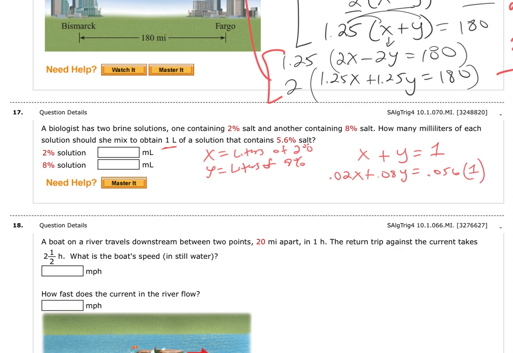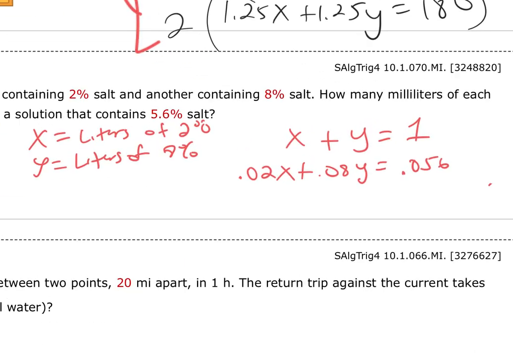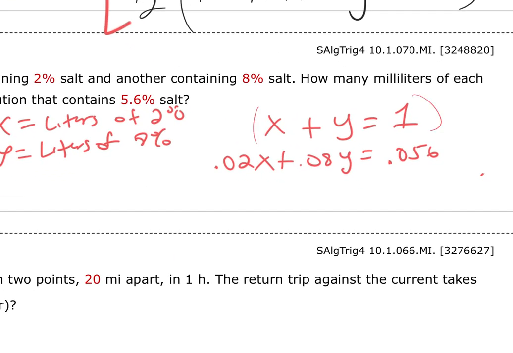Okay, so this is strange, but this is what my system looks like. I'm going to multiply the whole top row of this by negative 0.02. That's going to give me negative 0.02x minus 0.02y equal to negative 0.02.